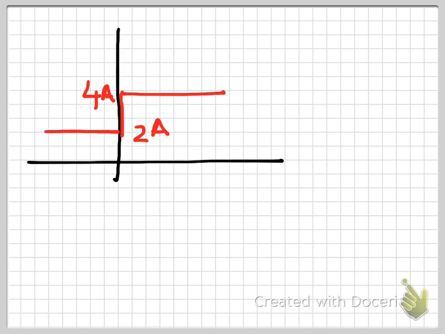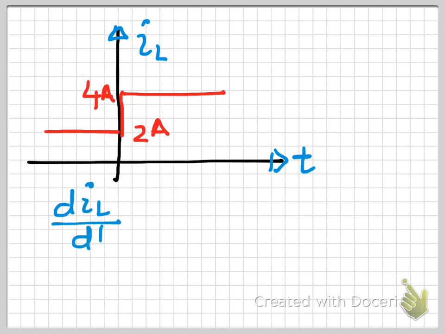So for this inductor, let's say here is the graph of the current for the inductor, IL as a function of time t. Now what is happening if you look at the equation V equals L dIL over dt? Here we're looking at the change in current with respect to the change in time for this instant.